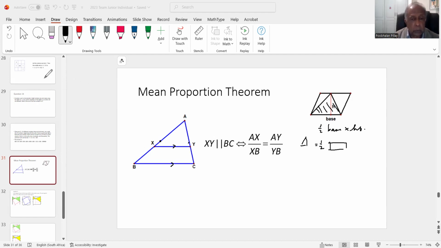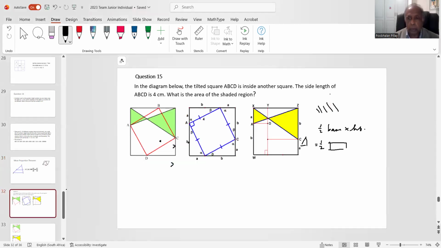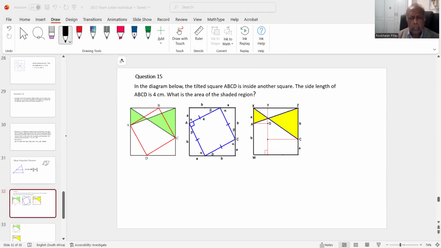All right, so bearing all that in mind, let's get into this problem, which I told you is quite a difficult problem. In the diagram below, this is the diagram that was given. The tilted square ABCD is inside another square.